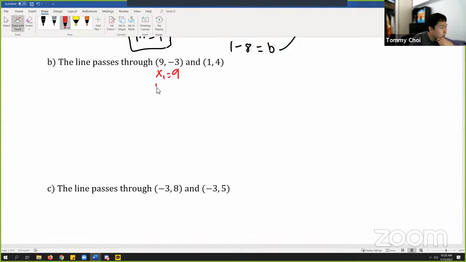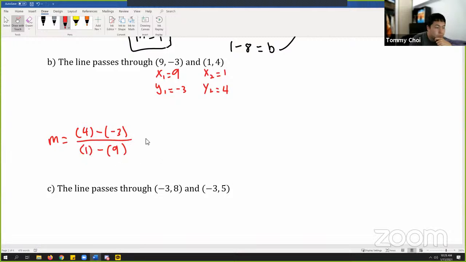x1 is 9, y1 is negative 3, x2 is 1, y2 is 4. Plugging it into our formula, 4 minus negative 3 divided by 1 minus 9. That gives me 7 on top, negative 8 on bottom.